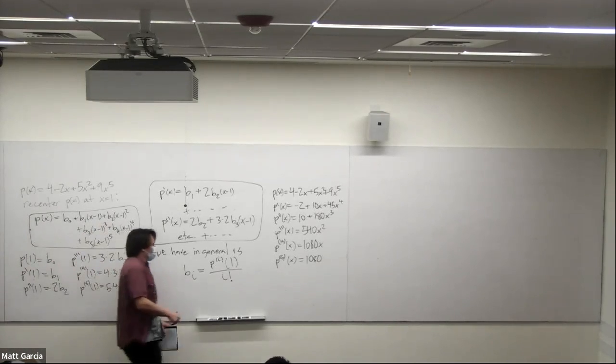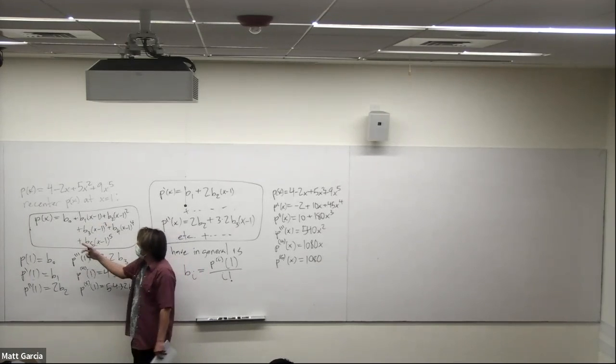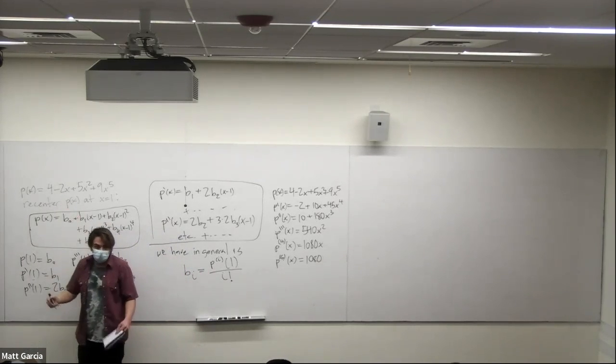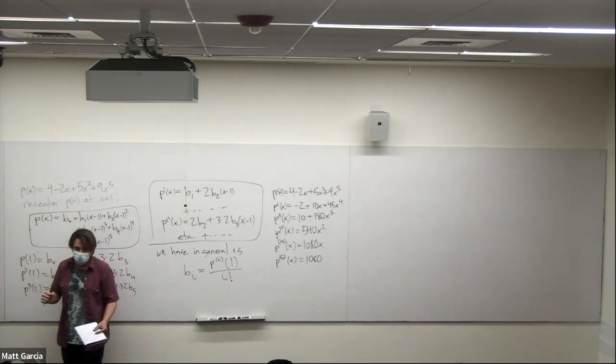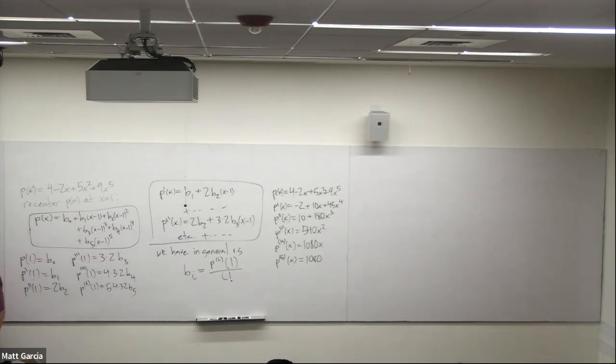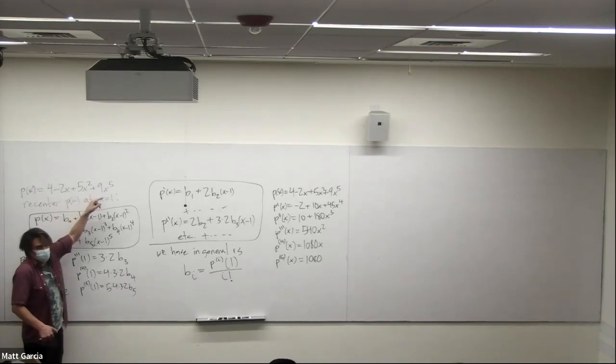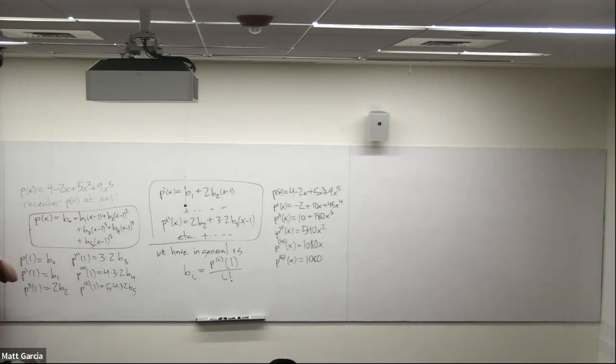If what I claim is true, that these are equal polynomials, they produce exactly the same graph. But the purpose why we do this is so that we can approximate around different points than 0. This is centered at 0. We're not subtracting from x anything inside the powers. So that's why we started talking about being able to approximate polynomials near 0.